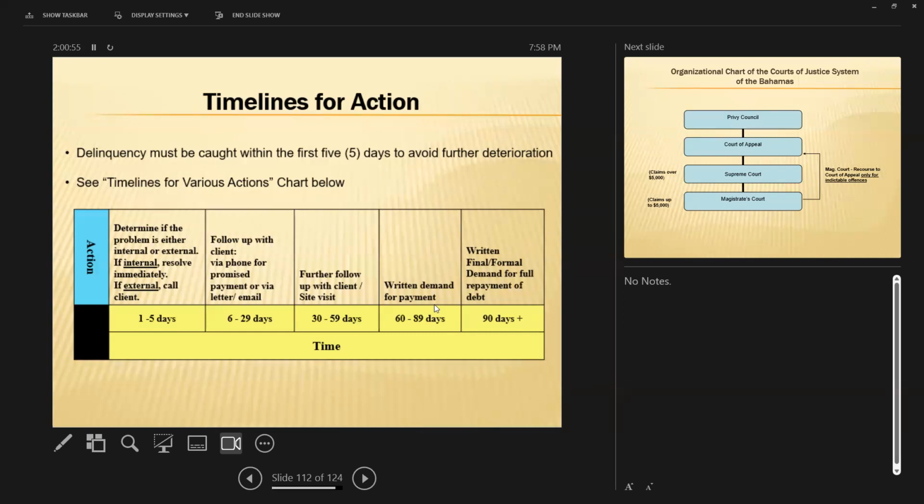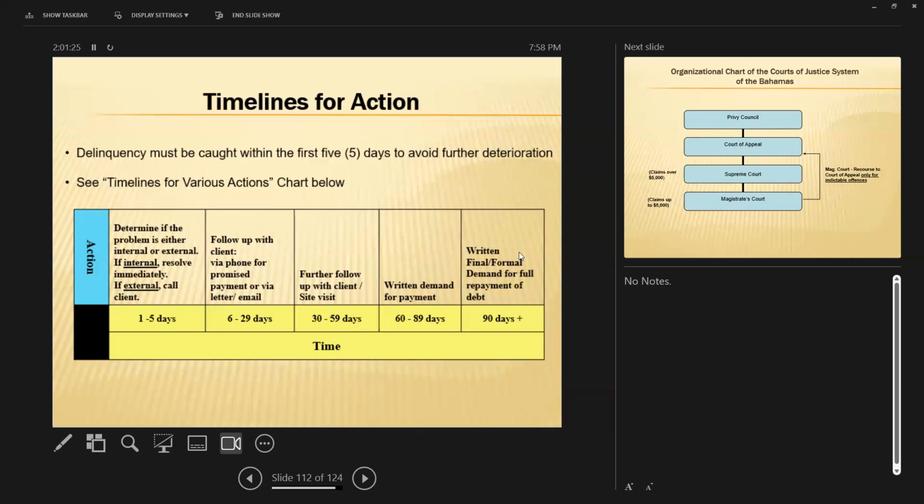In most cases, if it's possibly a confrontational client, get a police officer to go with you, or just let the police officers serve the summons or the letter on the client. Site visits are dangerous when you're dealing with collection.